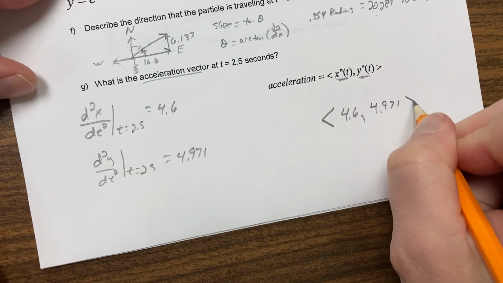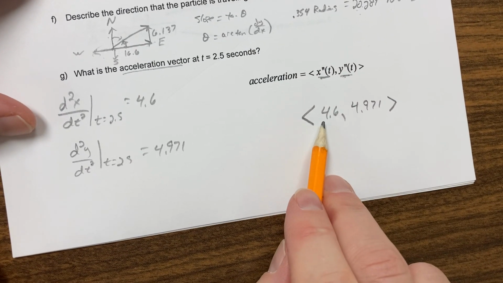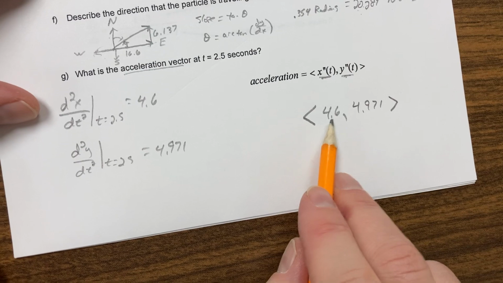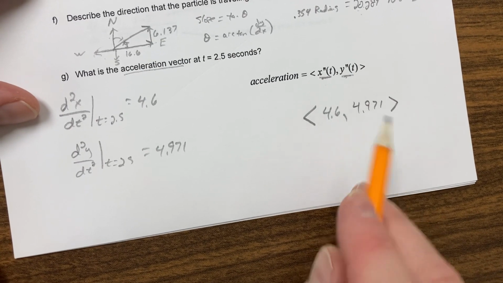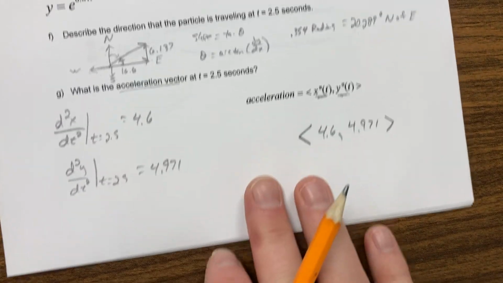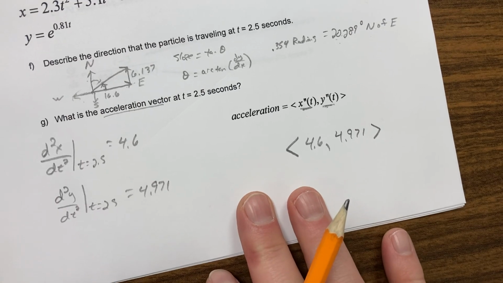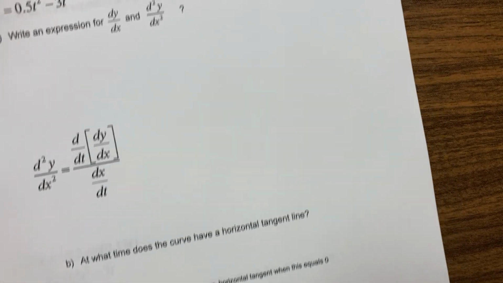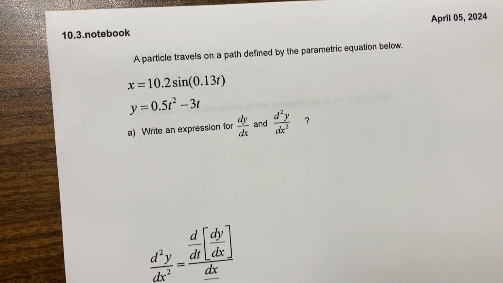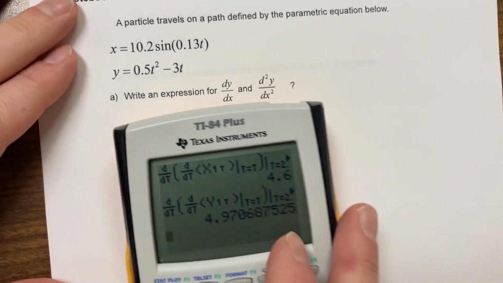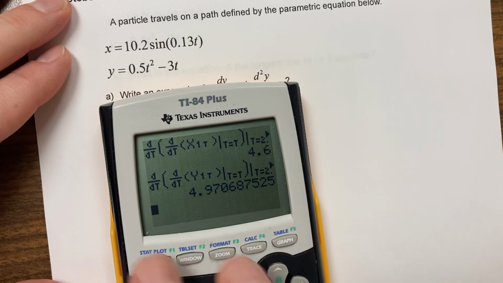And what this tells someone is that we're accelerating horizontally at a rate of 4.6, and we're accelerating vertically at a rate of 4.971. All right? So they'll ask us for an acceleration vector. It's pretty simple.